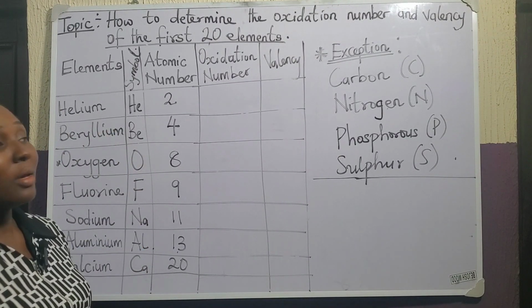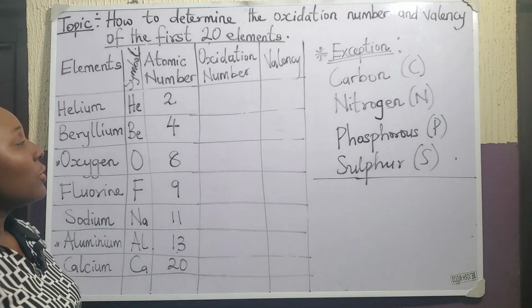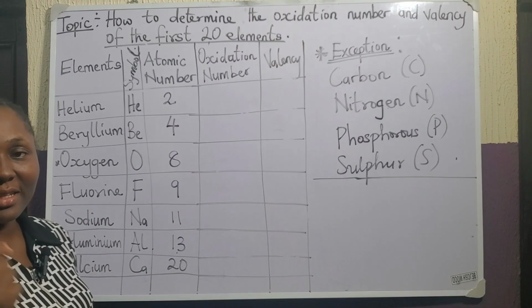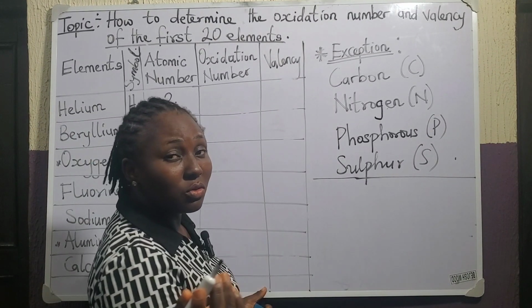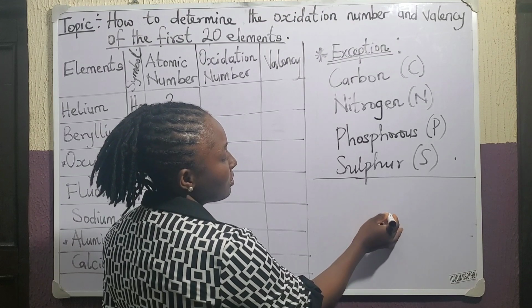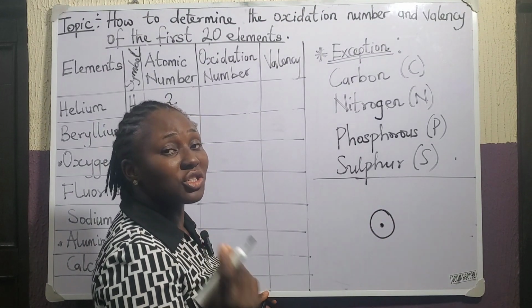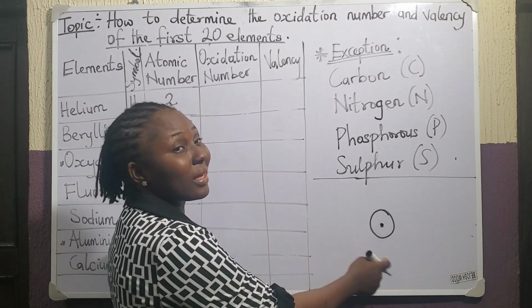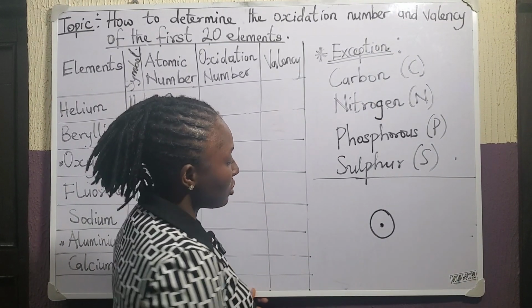Helium. Helium has atomic number 2. Now, let me find the valency of helium. Come with me. Let me draw the structure of helium. This is the nucleus. And on the first shell, remember the first shell of an atom contains a maximum of 2 electrons.